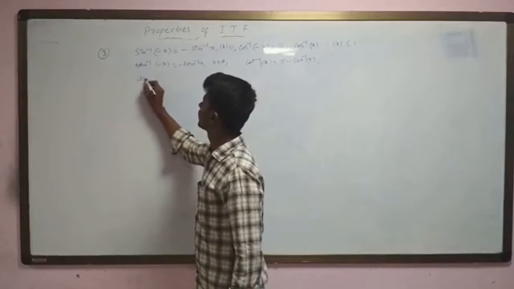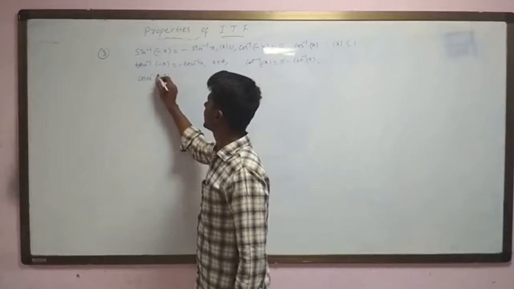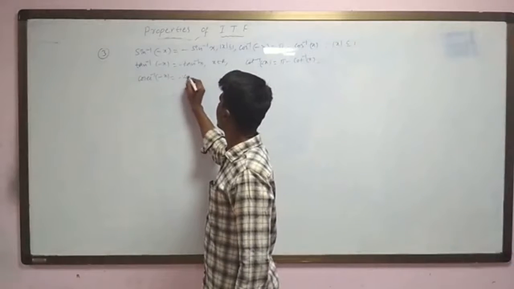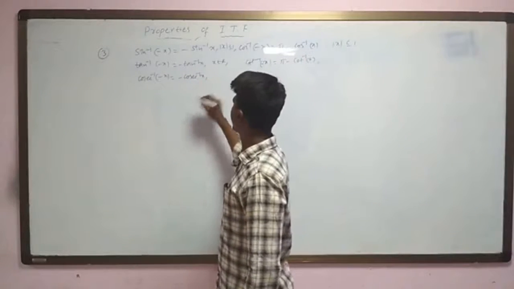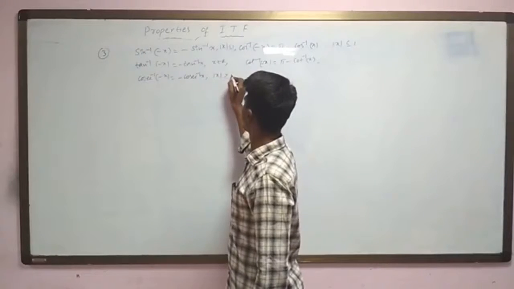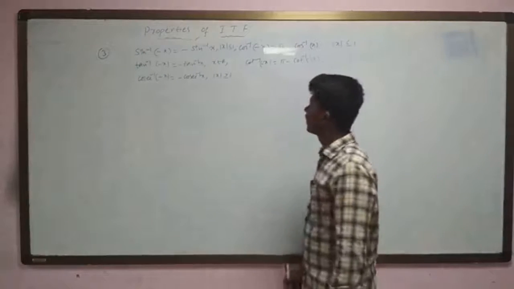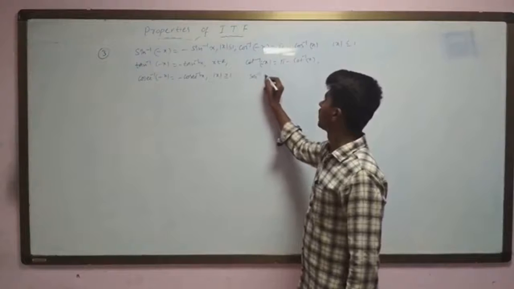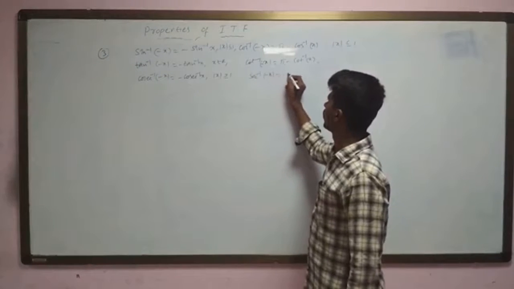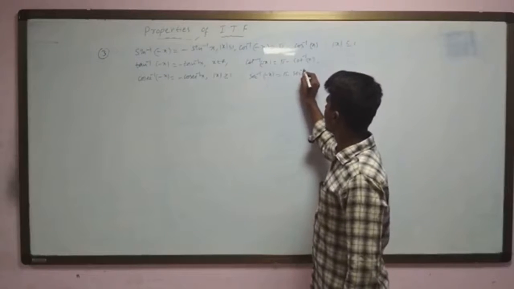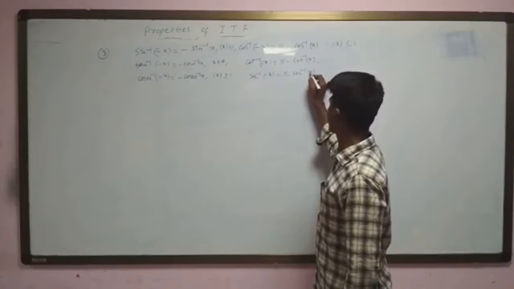Cosecant inverse of minus x is equal to minus cosecant inverse x, where modulus of x is greater than or equal to 1. Secant inverse of minus x is equal to pi minus secant inverse x.